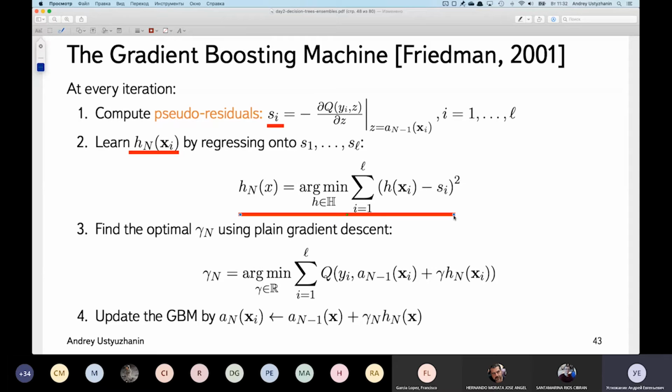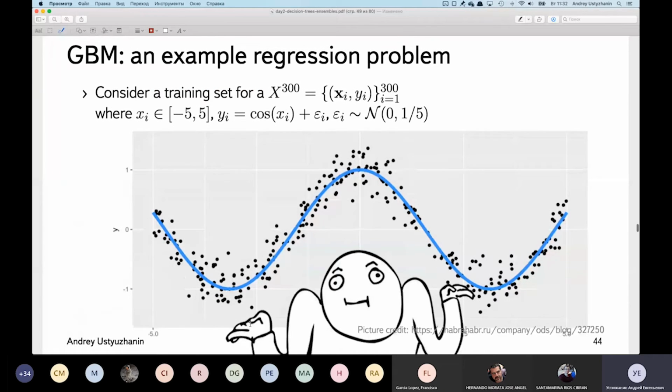And then we find the optimal coefficient gamma n using plain gradient descent. Then we add this new learner to the previous iteration of the gradient boosted machine. So this is pretty much it. If we look at an example of what the output of such a regression looks like, you see that the curve may be pretty smooth.